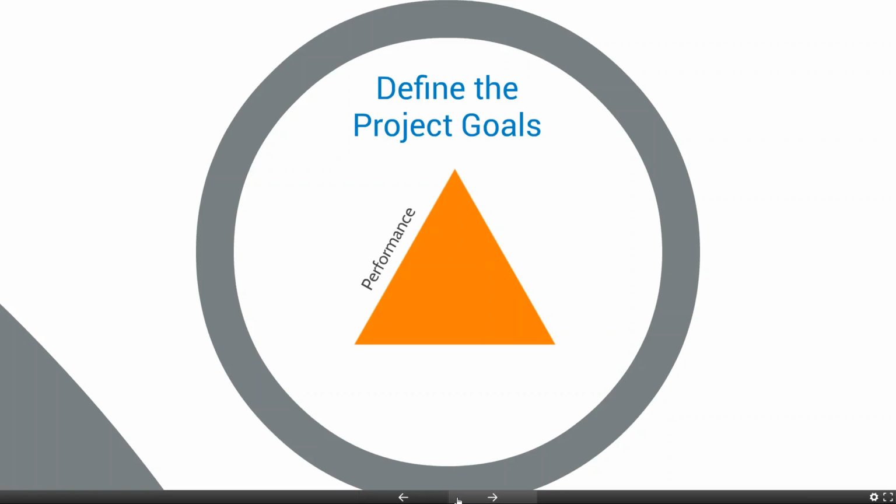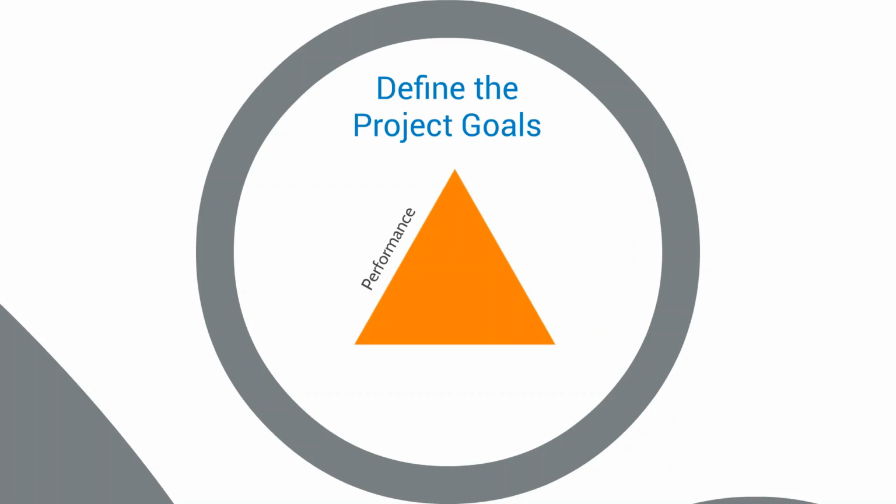So your project goals should really include three aspects. One is performance. So you should have an idea of what you're looking for the project to be able to do for you. Another side of our triangle here is time. So how much time do you have to complete this project? Is it something that should take a week or 2 months?